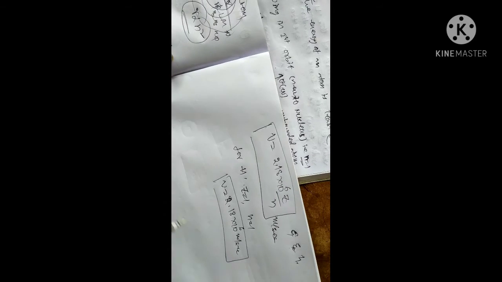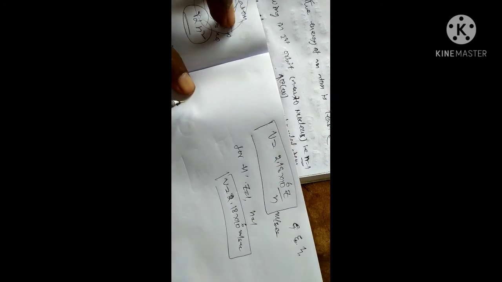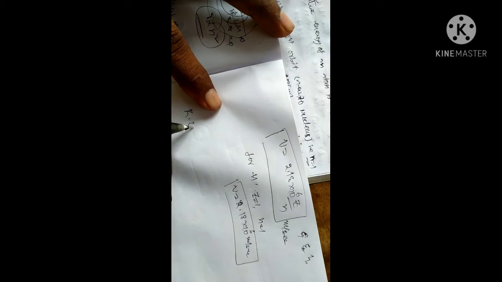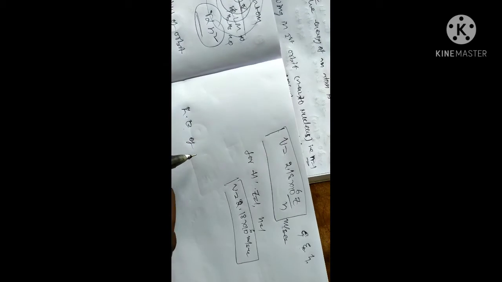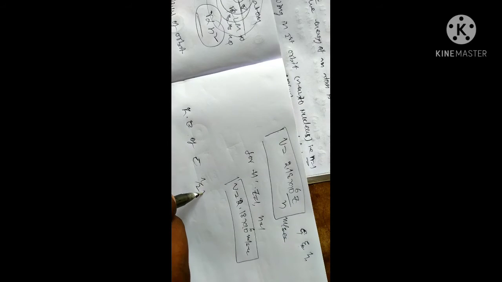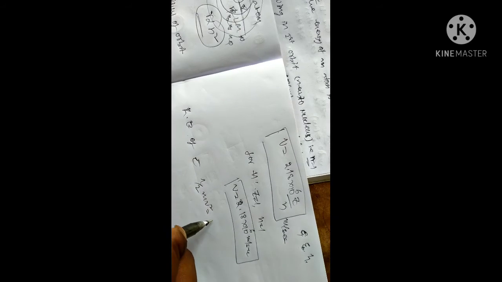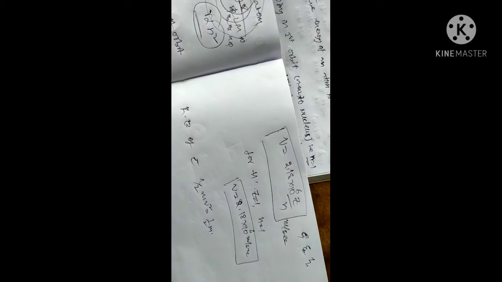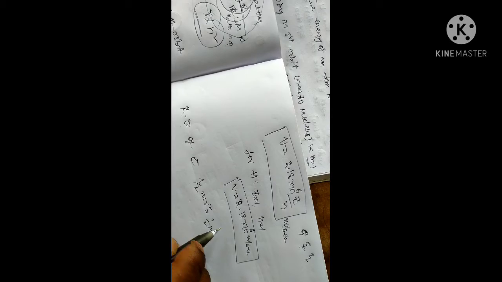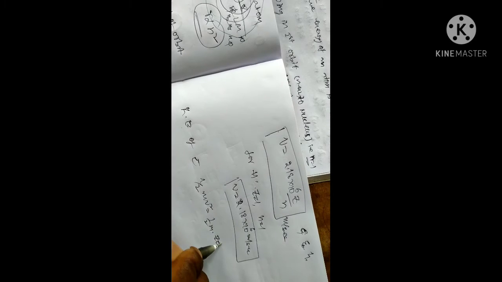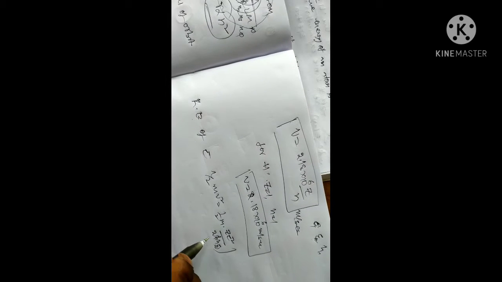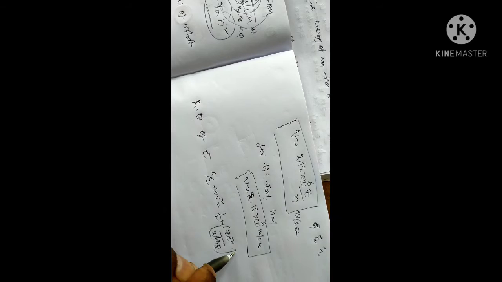Okay, now we can find the kinetic energy of the electron, that is half m v square. The v square values are substituted in the equation: v is z e square by 2 h n epsilon naught, whole square.